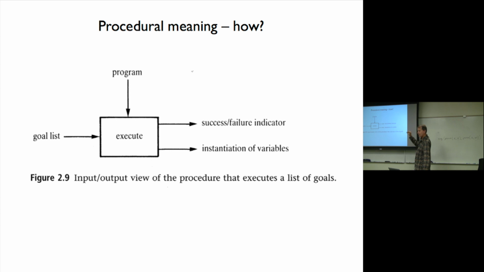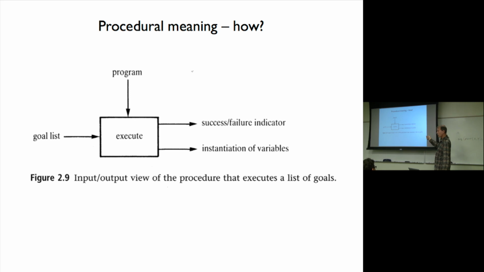When you press return on your query, if it fails, it just says no, it's not satisfiable. But if it is satisfiable, then it also gives you an instantiation of the variables, what the variables are instantiated to in order for it to succeed.